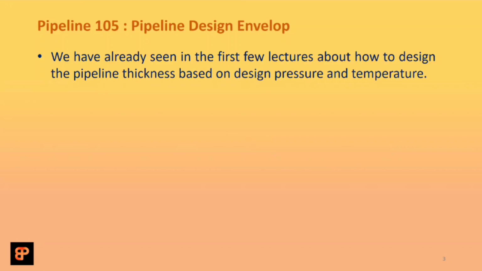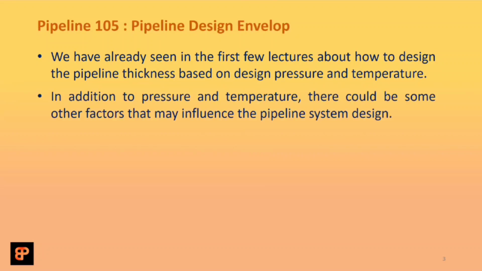We have seen in the past lectures how to design the pipeline thickness based on design pressure and temperature. I have also explained the hoop thickness, the longitudinal pressure thickness, and the equivalent stresses, the code compliances. A lot of things have been discussed in this series so far. Now we'll see what are the set of design conditions which are equally important for any system.